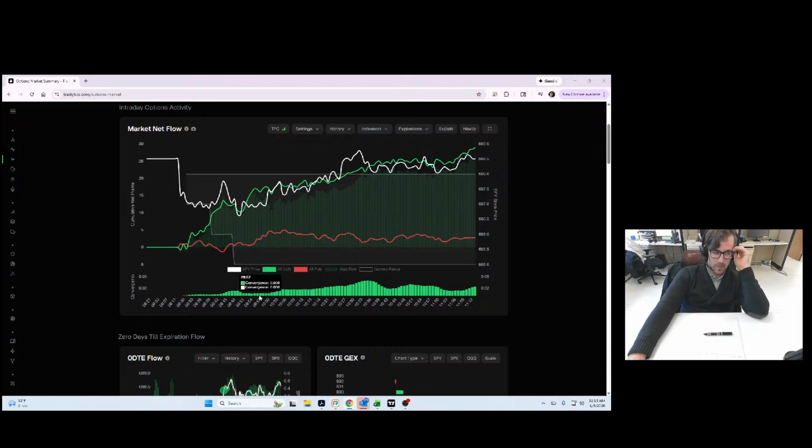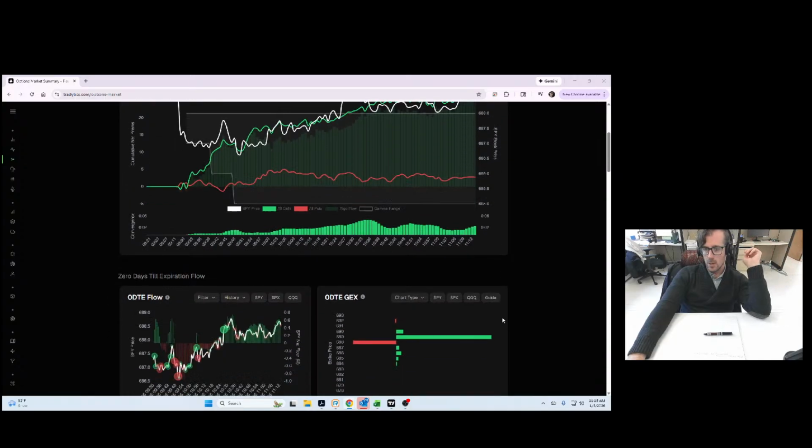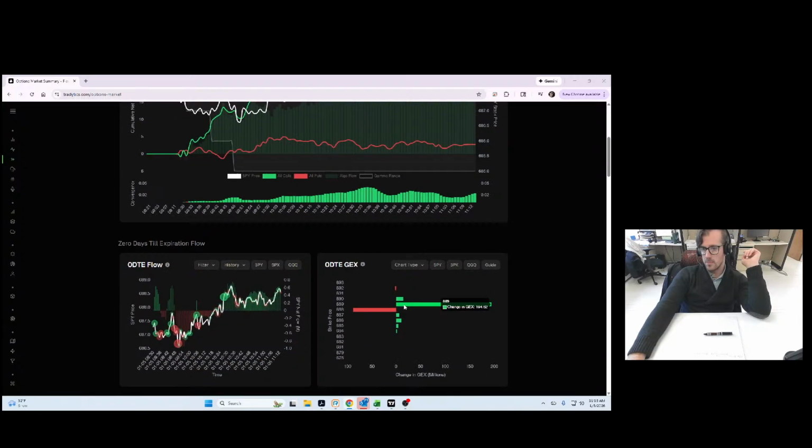There's going to be chop. But if it's green, which literally it's been green all day, there's money flowing into the market. So I'd anticipate that we probably have a pullback to the 688 for SPY sometime.